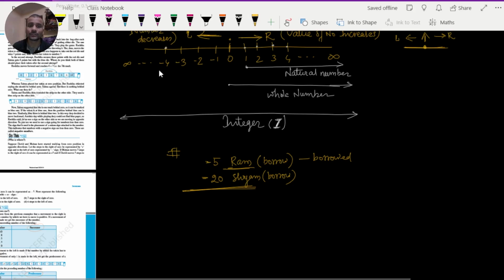I am in the good position to pay. I have to pay only 5 rupees, and you have to pay 20 rupees. It means that I am in a better position than you.